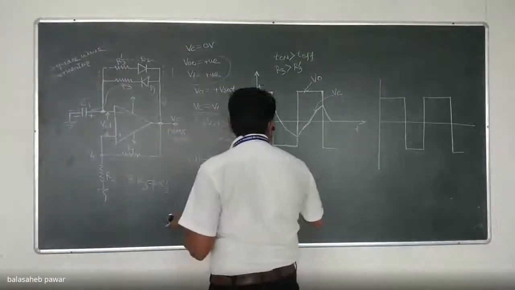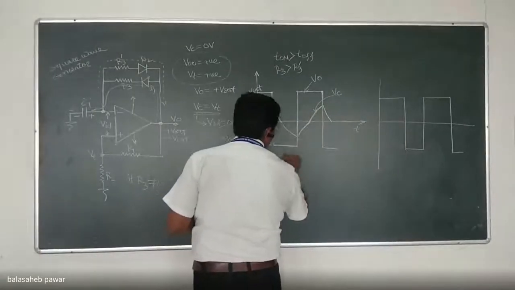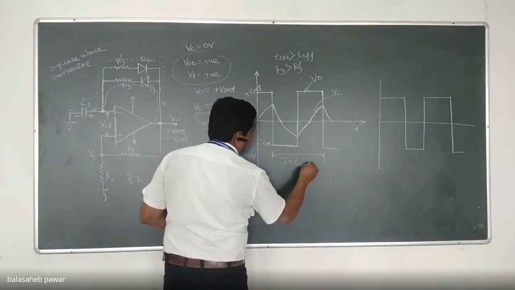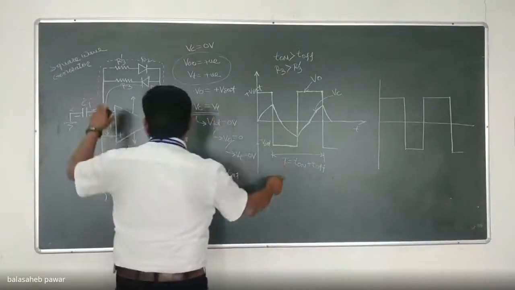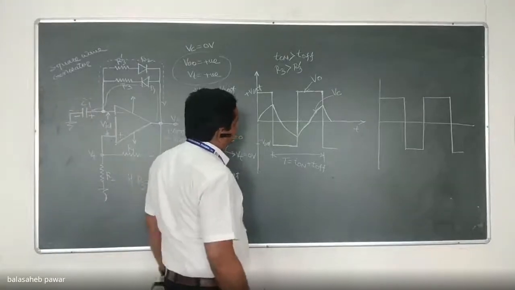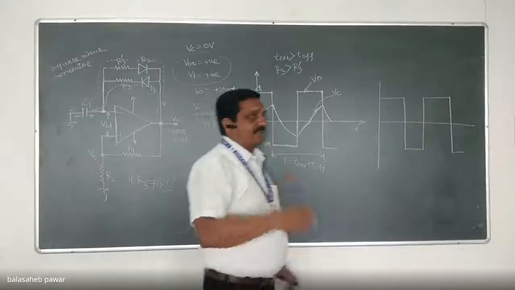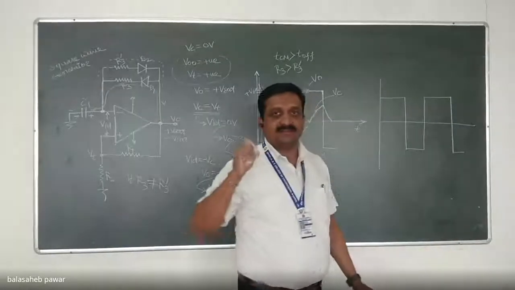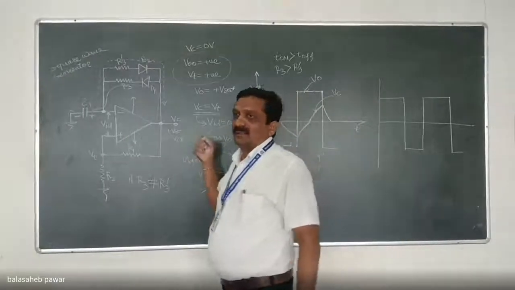So the period of oscillation is nothing but T on plus T off. If we consider the symmetrical one, this is nothing but capital T, which is equal to T on plus T off. You will observe again it is decided by the feedback resistor and input capacitor. For the symmetrical one, if the value of that resistor is small, the charging will take place fast, as well as the discharging.